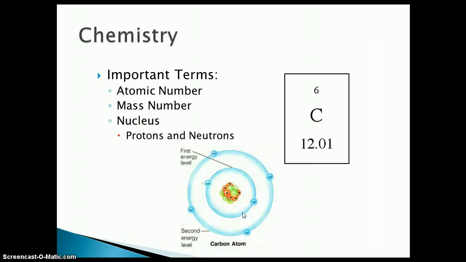And the green little balls in here are neutrons, which are neutral, meaning they have no charge. So those are contained in the nucleus. And on the outside, we can see that we have electrons, which are negatively charged, and these are these blue circles in these little rings. The picture depicts this as a first energy level and the second energy level.